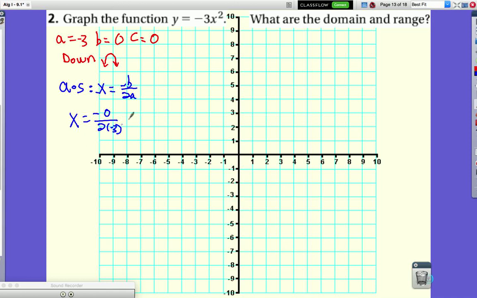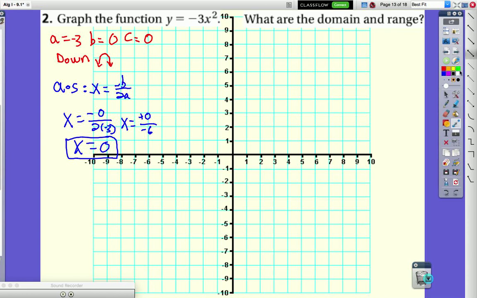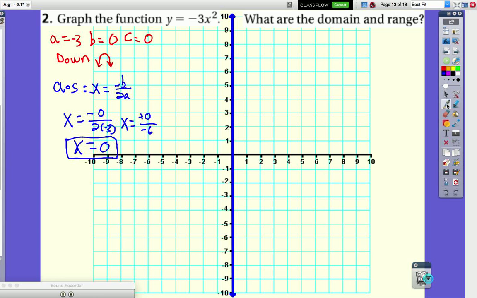So x equals -0, which is just 0, divided by -6. So x equals 0. We're going to put this on our graph. A vertical line through 0. This is our axis of symmetry. It's going to separate our graph into 2 equal parts.